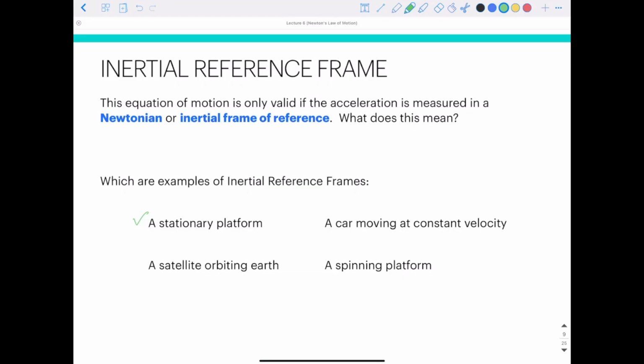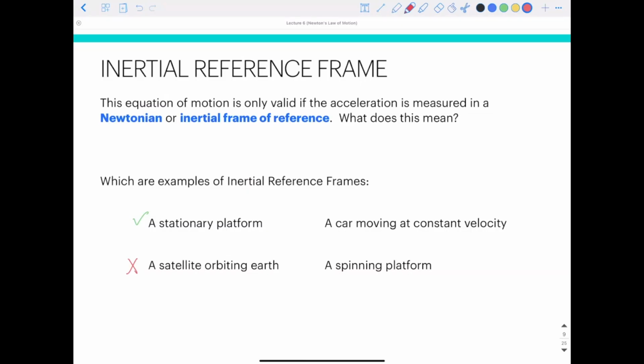So it is accelerating. This is a non-Newtonian or non-inertial reference frame. So we cannot stick our coordinates and do our analysis if our coordinates are attached to a moving satellite, and that is if we're looking at problems the size of the Earth. Technically, if it's constantly falling, that means it's moving under some acceleration, so it's accelerating.